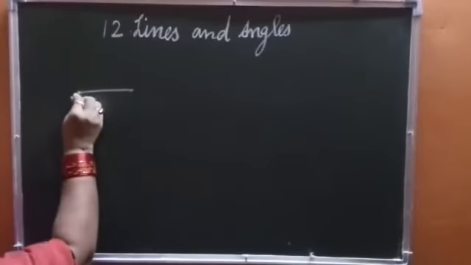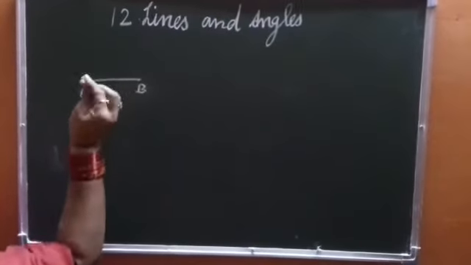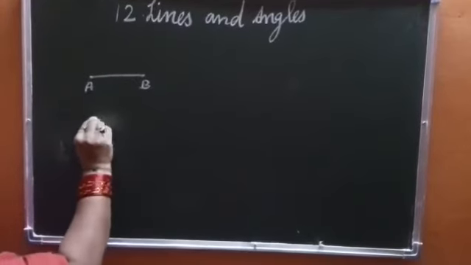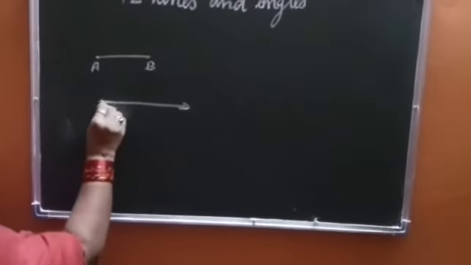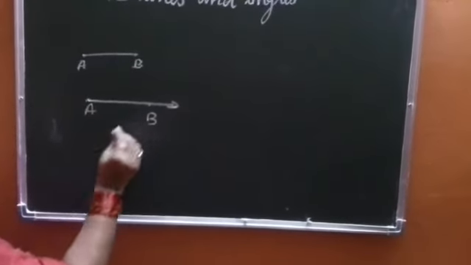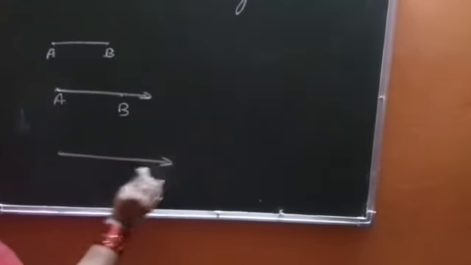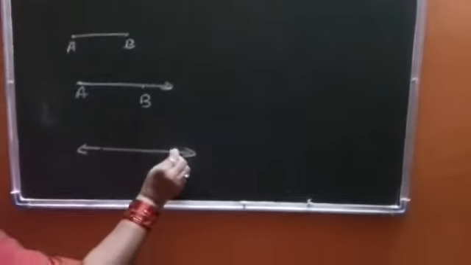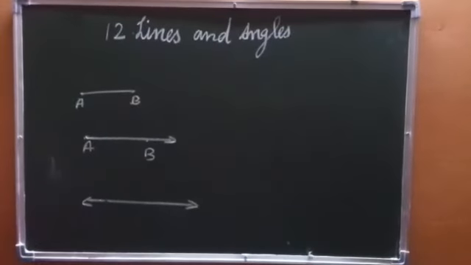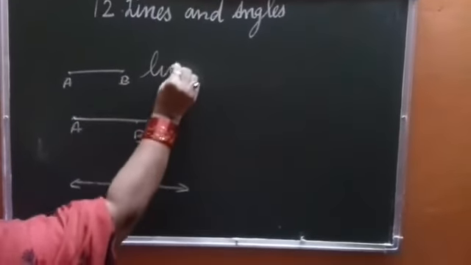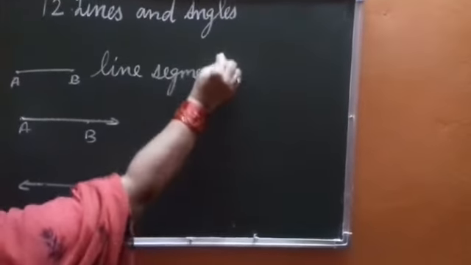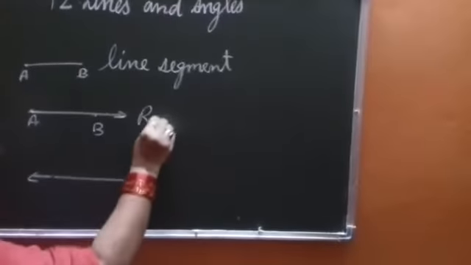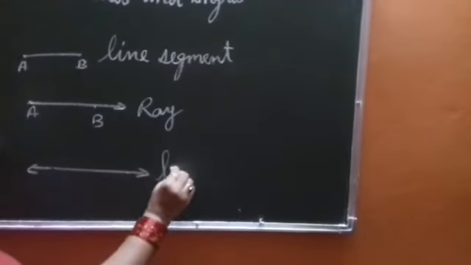It cannot be extended in any direction. A ray has one fixed endpoint, and in one direction it can be extended endlessly. And a line has no fixed point, it can be extended endlessly in both the directions. So this is a line segment, this is a ray, and this is a line.